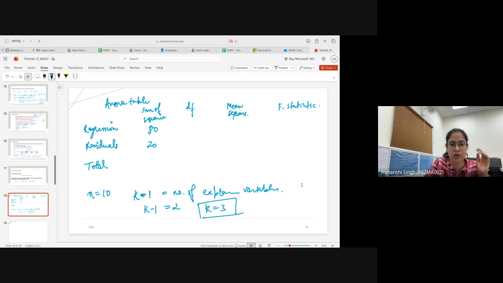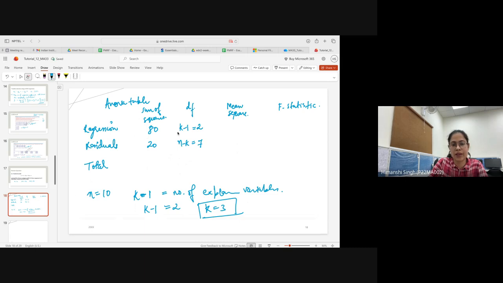So that is k minus 1 for the regression, which is 2. And for the residuals it is n minus k, which is 10 minus 3, that is 7.